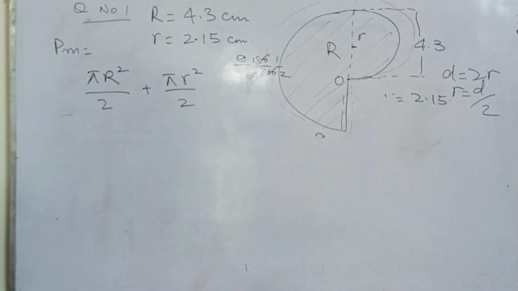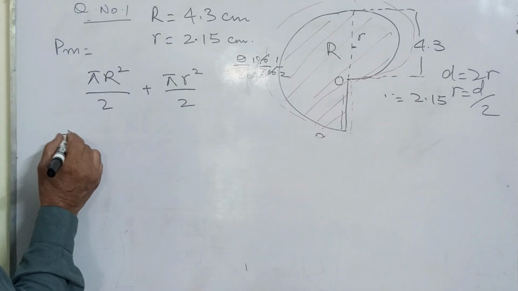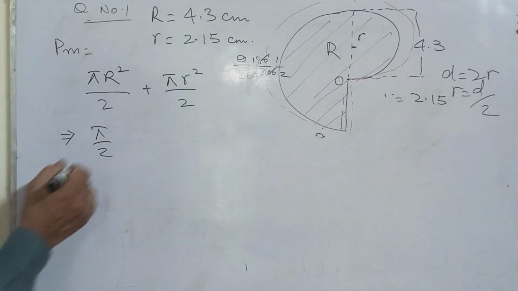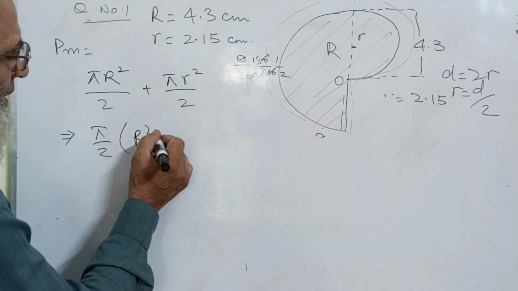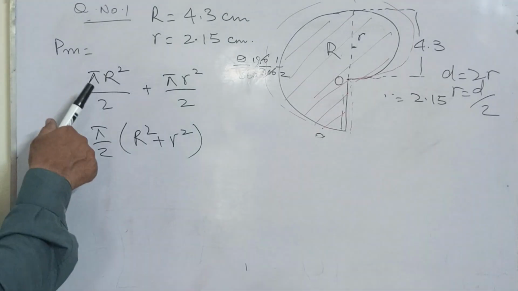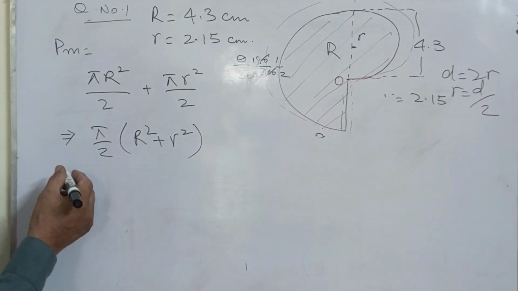Again, this is the half circle. You can do it like this also. Pi upon 2 you can take common, and R square plus r square. Pi upon 2 is taken out, R square and r square left.